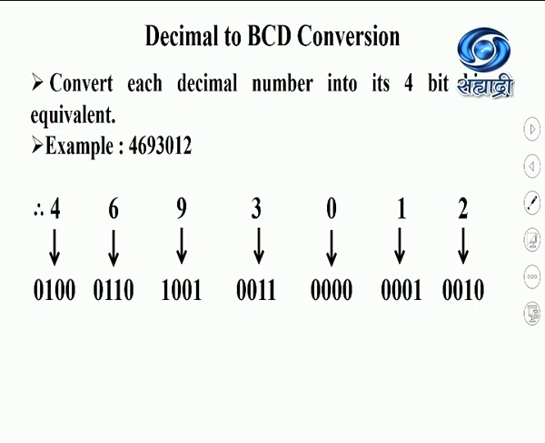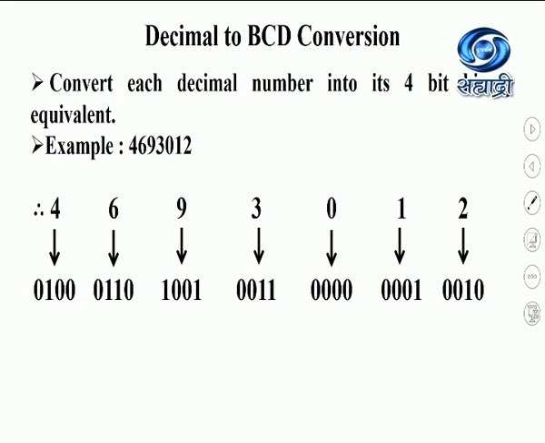Here we are going to see decimal to BCD conversion. Convert each decimal digit into its 4-bit binary equivalent. So let us see one example. 4693012, this is a decimal number. For this corresponding decimal number, here we are going to write the BCD code. So for decimal digit 4, here we have 4-bit BCD code as 0100.